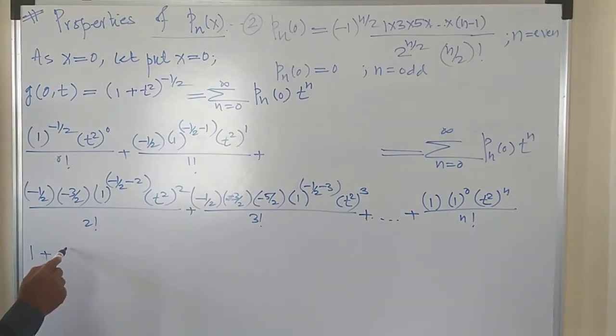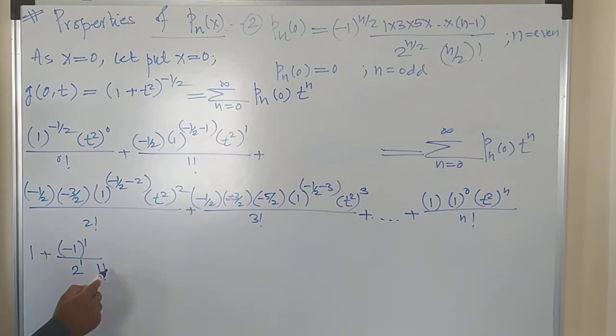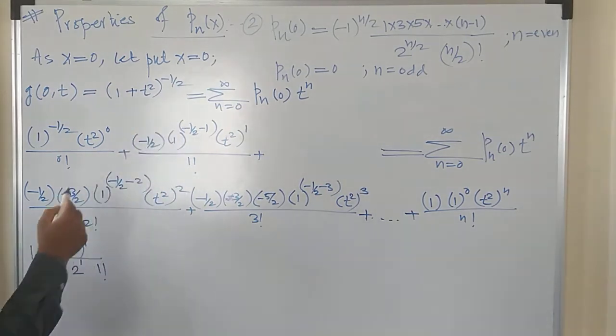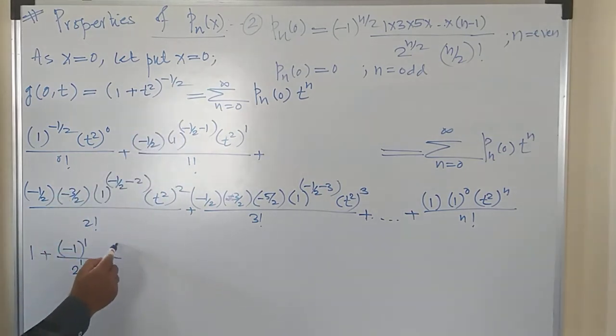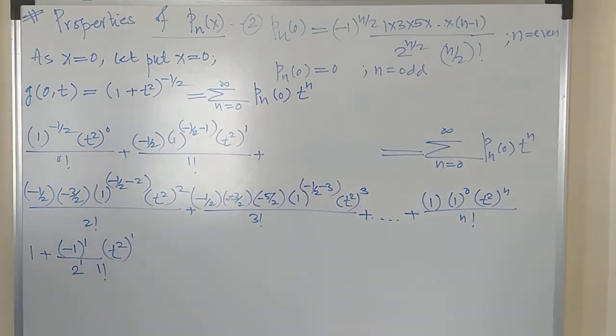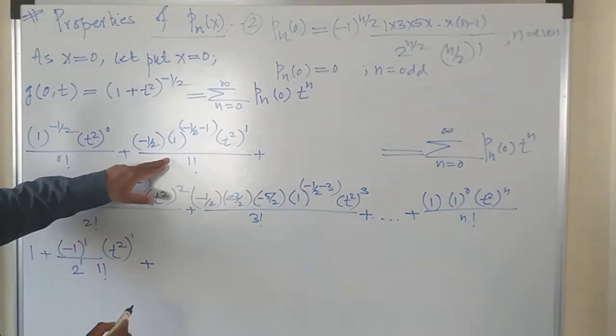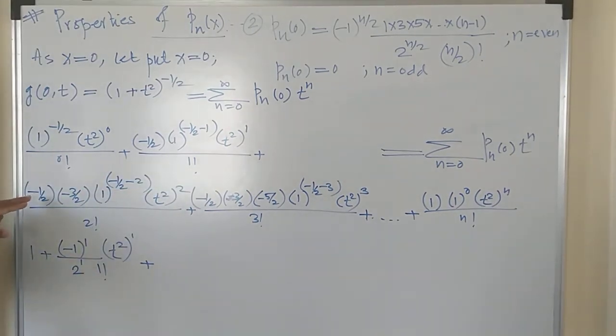And this minus half I will write as minus 1 raised to power 1 upon 2 raised to power 1 upon 1 factorial, and t square raised to power 1, right? Plus the next term is this, and this is equal to minus half into minus 3 by 2.